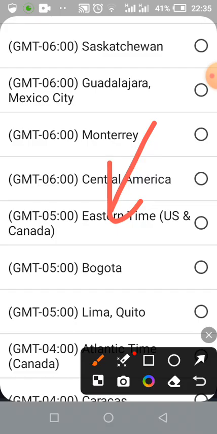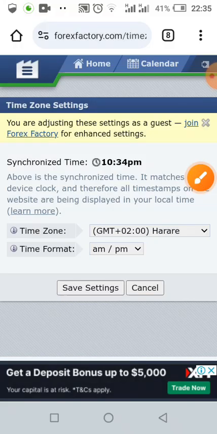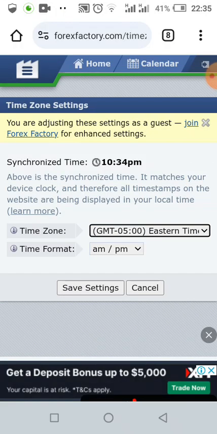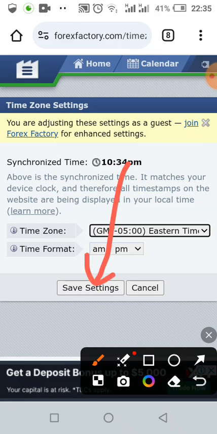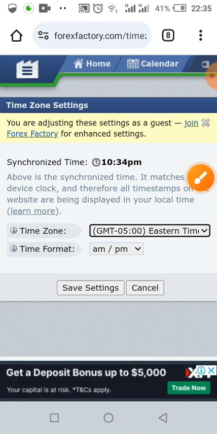But in the March to November months, we will be using GMT -4, where USA will be 4 hours behind GMT time or 6 hours behind Zimbabwean time. Remember that Zimbabwean time is 2 hours ahead of GMT time. So that's why I've selected that. Then I'm now selecting Save Settings.